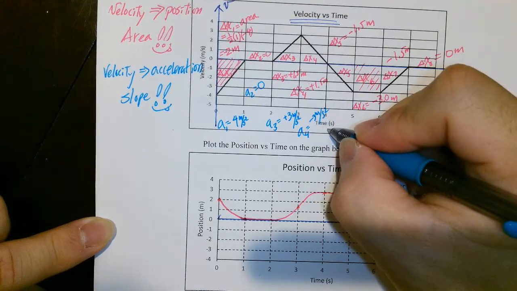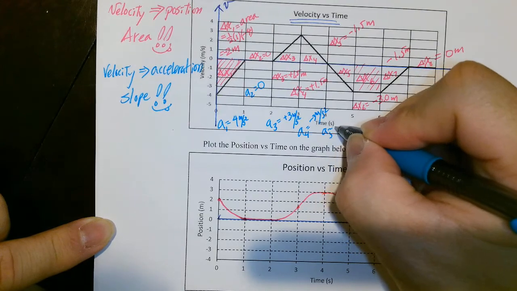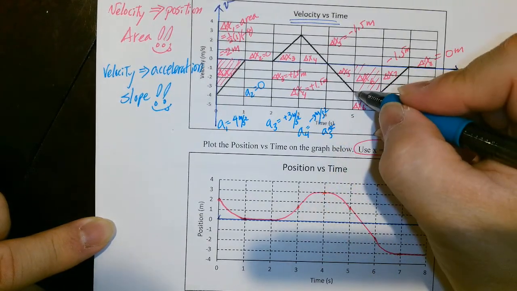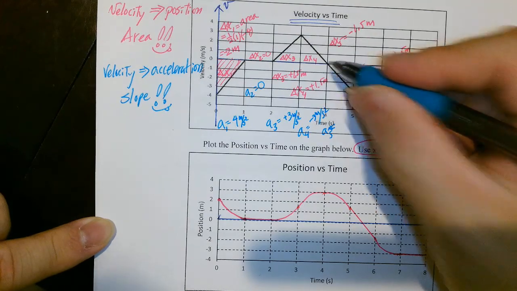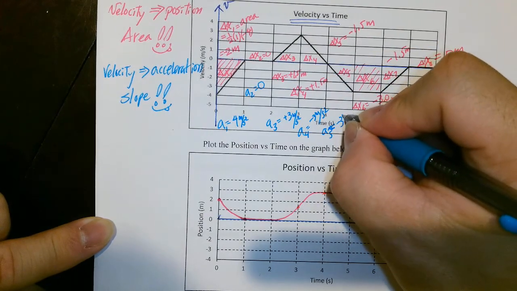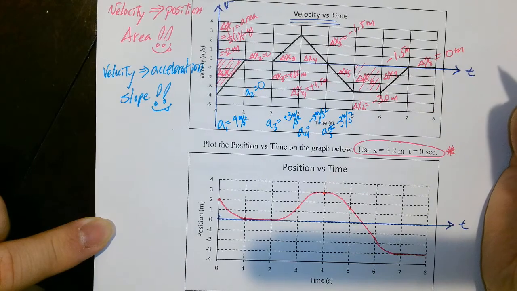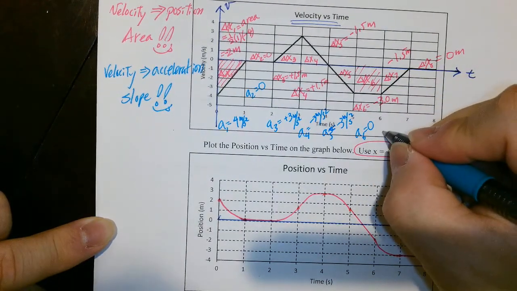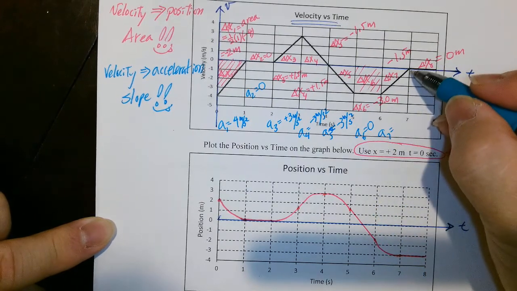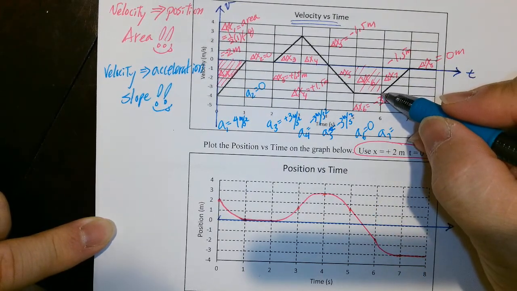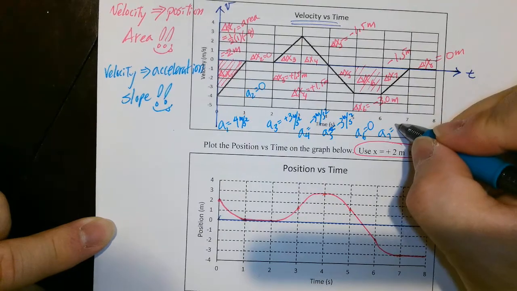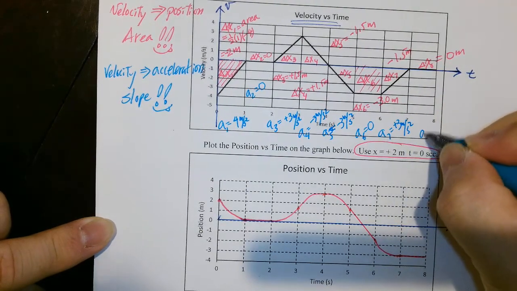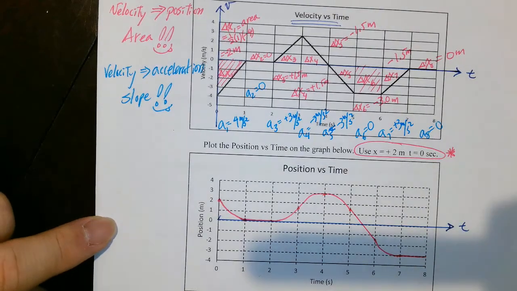And so is my A5, which is negative 3 minus 0 over 1, so it's also negative 3 meters per second squared. My A6 is 0. My A7 is 0 minus negative 3, right? So it's positive 3 meters per second squared. And my A8 is 0.